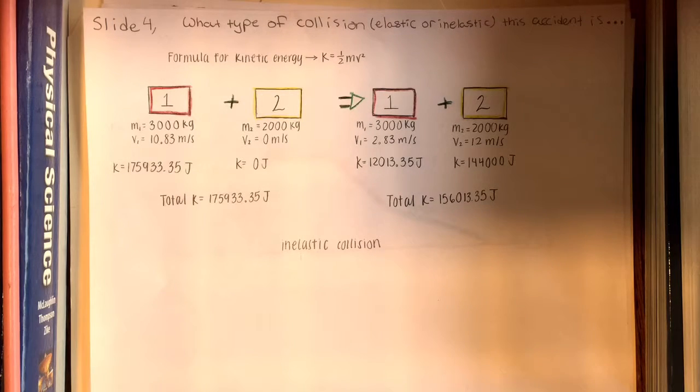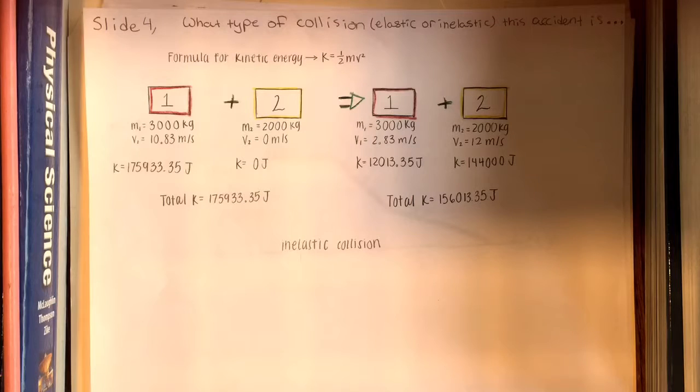The kinetic energy after the collision for the SUV is 12,013.35 joules, and the wagon is 144,000 joules. Add your kinetic energies before the collision together, and your result should be 175,933.35 joules.